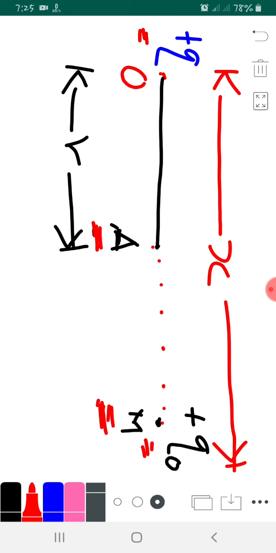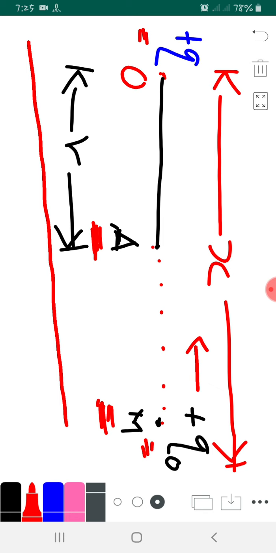So in order to bring this Q0 charge towards A, it will repel, so the direction of the electric field will be from O to M, as the plus Q charge will repel the plus Q0 charge.